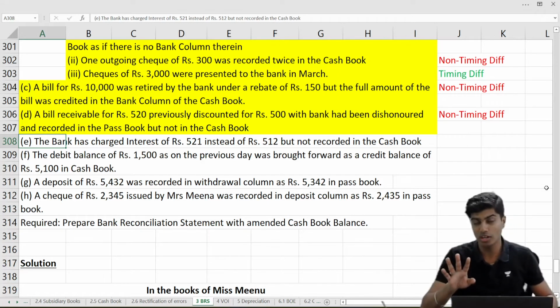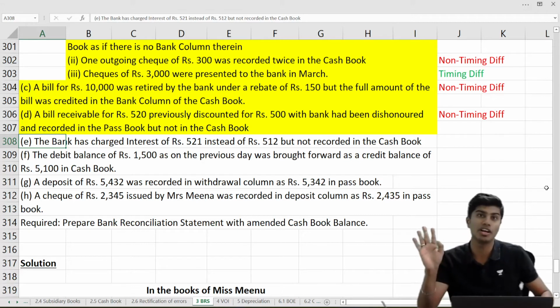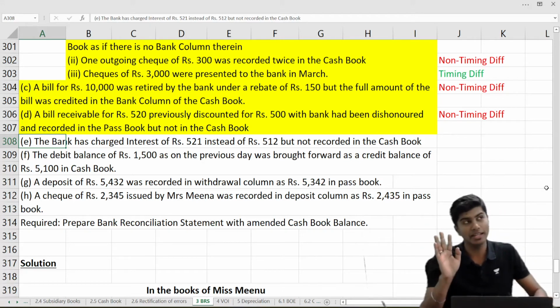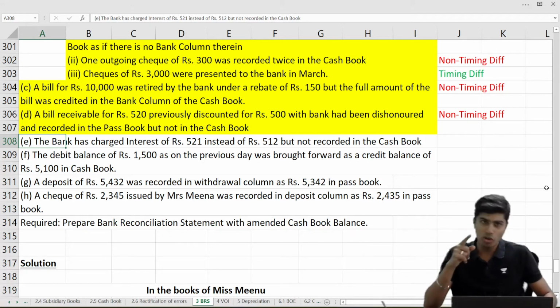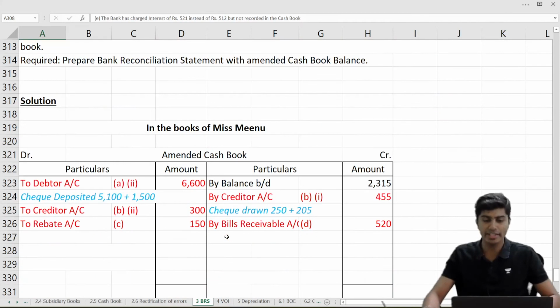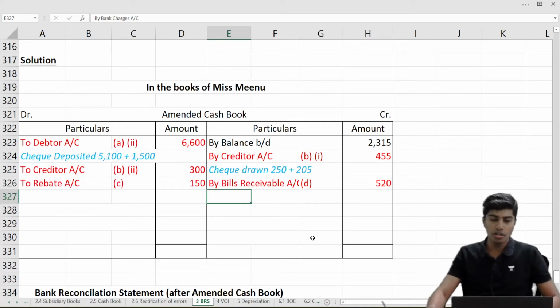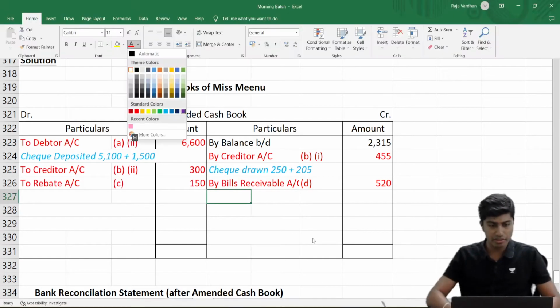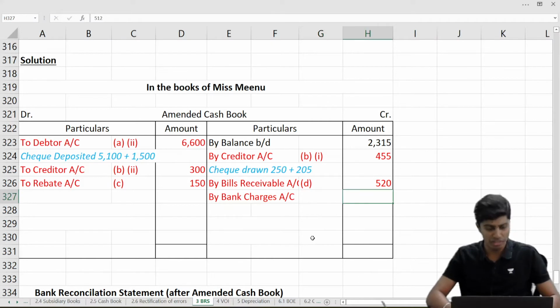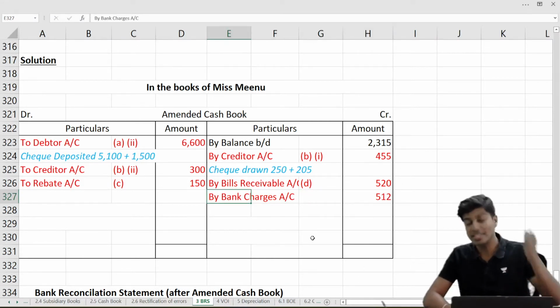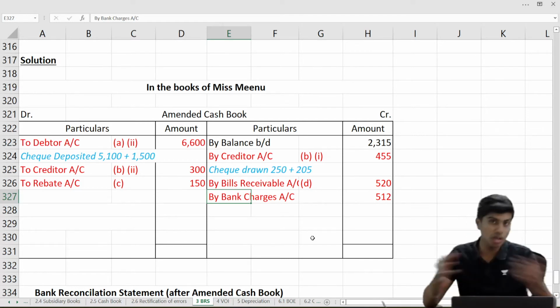First, I am discussing only the correct interest not recorded in the cash book. Because 512 worth of interest is not recorded, let me now make the entry in my amended cash book. On the credit side, I will write bank charges or bank interest, anything is fine, 512. You get it? 512 is the correct amount of bank charges not recorded in the cash book.